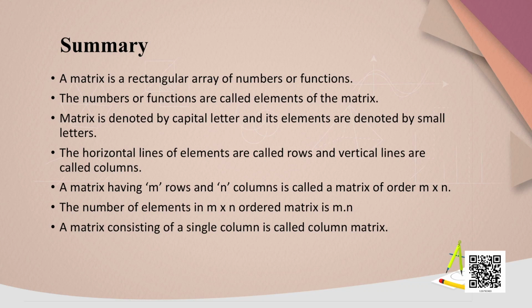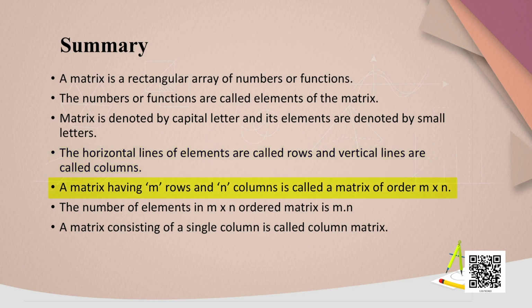So let us summarize the entire session that we have studied so far. A matrix is a rectangular array of numbers or functions. The numbers or functions are called elements of the matrix. A matrix is denoted by a capital letter and its elements are denoted by small letters. The horizontal lines are called rows and the vertical lines are called columns.